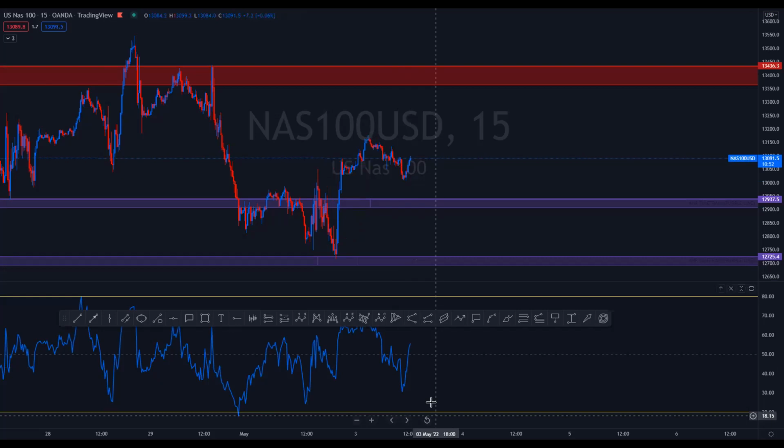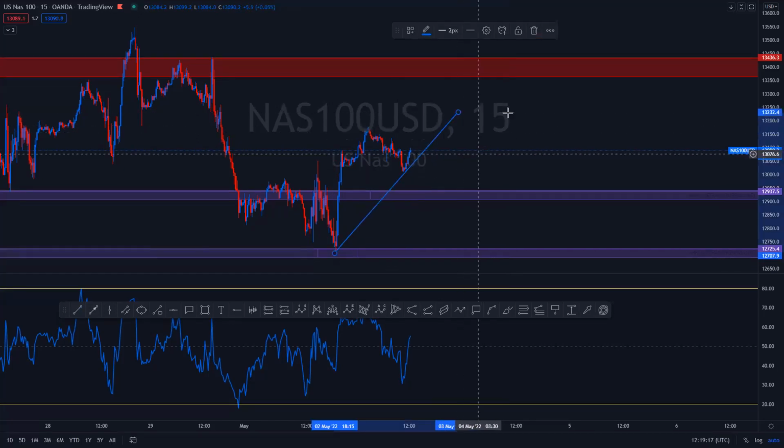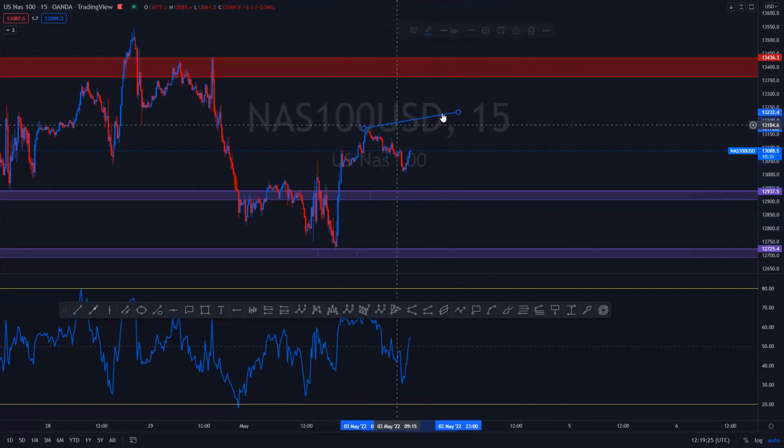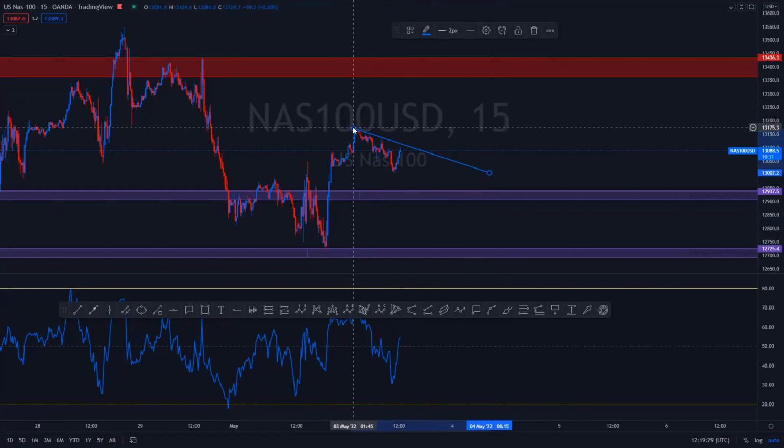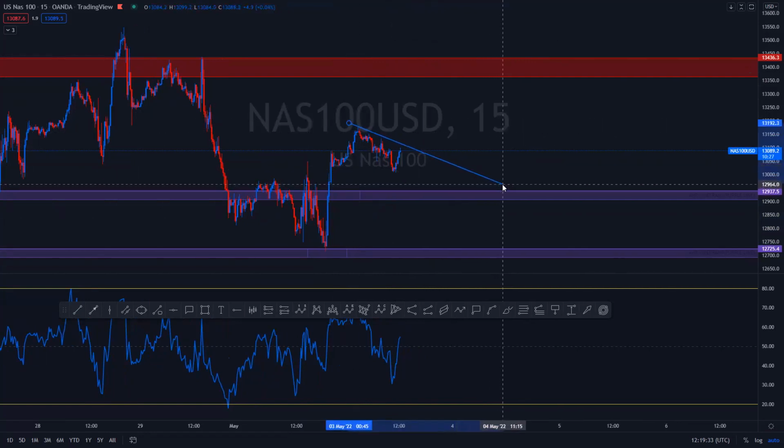So I think it's safe to say that price is trending up at this point. So I will draw a trend line here. Actually, I'll say that price is actually trending down at this point. So I'm going to say price is actually bearish.